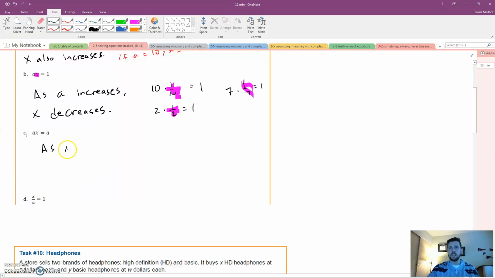For question C, as a increases, x, oh, this one was cool. This one was kind of cool. Remains unchanged, or it stays the same. Now, why does it remain unchanged? I'm sorry about my handwriting, by the way.